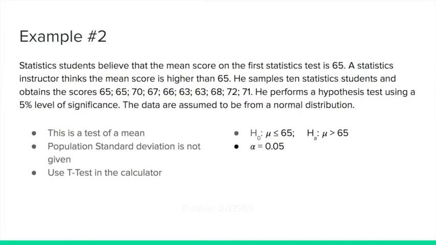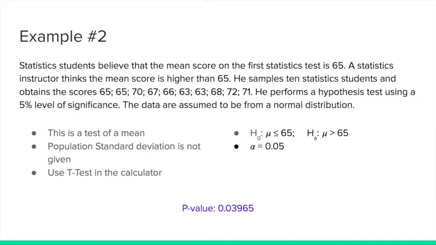All right, so alpha is 0.05, and if you go through the t-test procedure, this time we're going to tell it Data. If you haven't already, you need to put those data values from 65 to 71 into L1 and then come back to t-test. Select Data. The mu naught is 65.